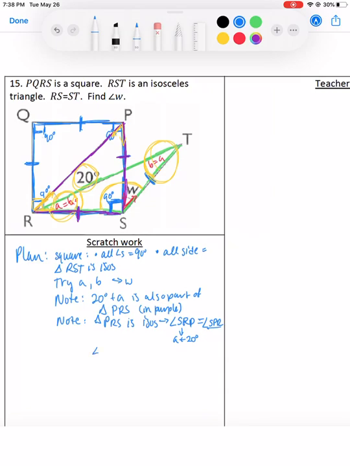Okay, so if we have angle SRP plus angle SPR plus the 90 degrees equals 180 degrees because of angle sum of triangle. Okay, so we can know that.